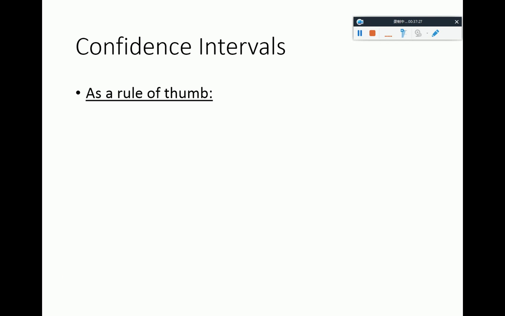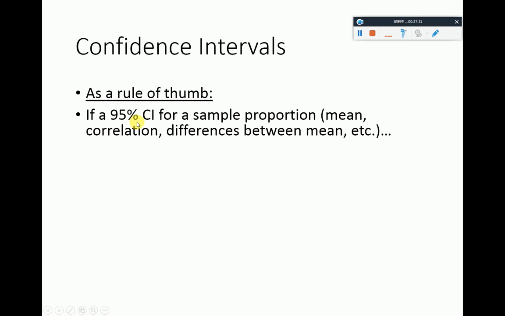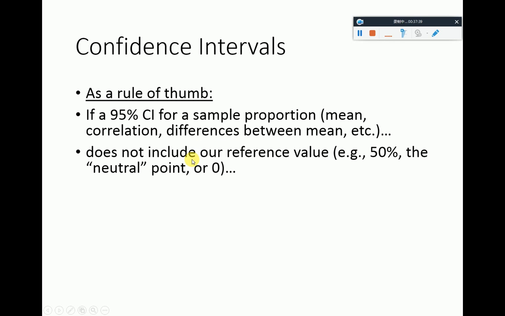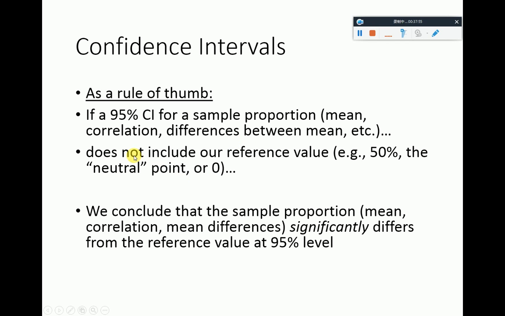So now we can have a rule of thumb. If the 95% confidence interval for a sample proportion or sample mean or any kind of statistic does not include the reference value, it could be 50%, which is the point that separates majority from minority, or the neutral point, or the 0 point, whatever, then our sample estimate will be meaningfully different from the reference value at the 95% level.